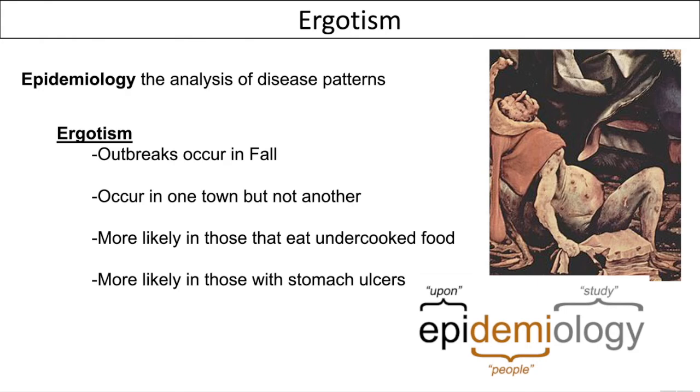If you go a little further towards outbreaks occurring in the fall, and again, we're in the 1500s, you can think about maybe it's something that's happening as people harvest a crop. And as you look at something happening in one town but not another, it tells you that maybe not every field of crops has the causative agent of the disease. So we can start to get closer and closer to pinpointing what this disease is coming from.